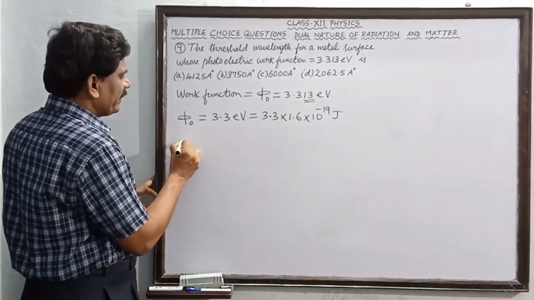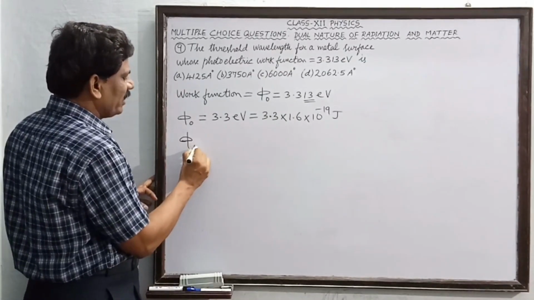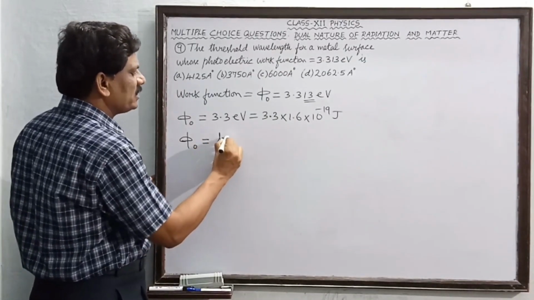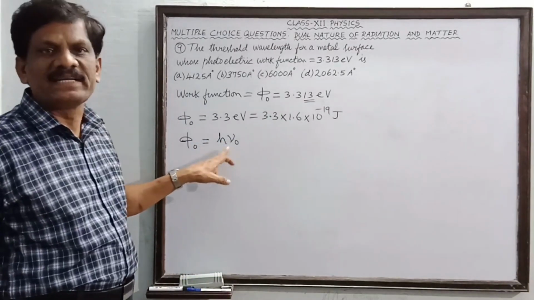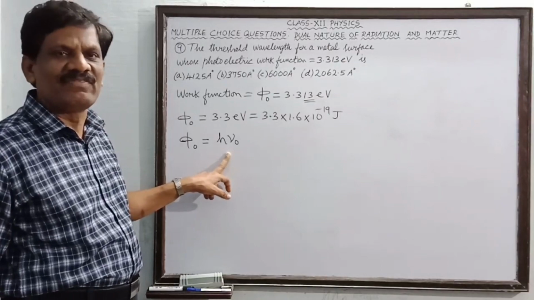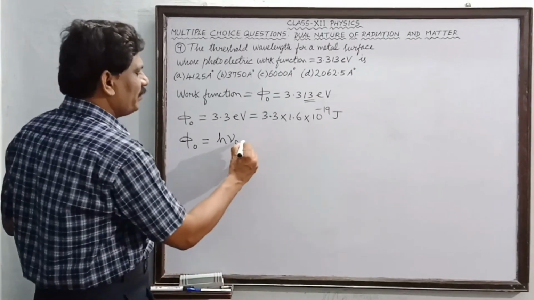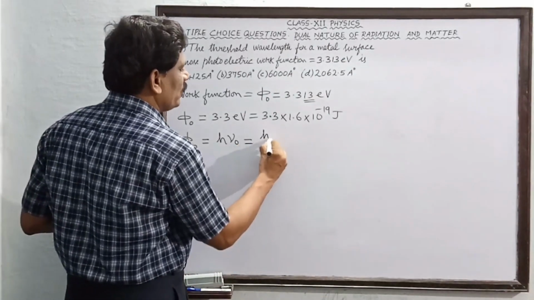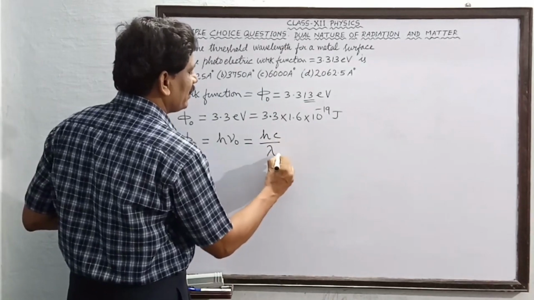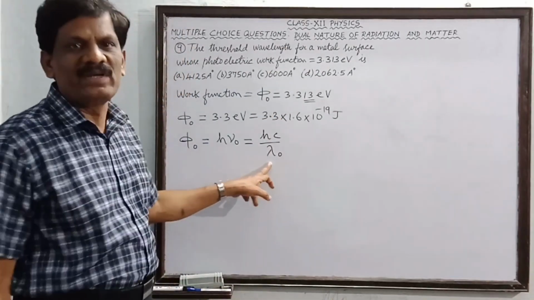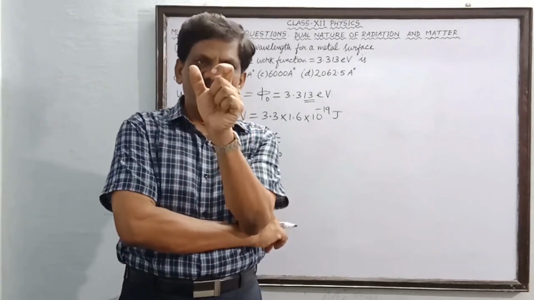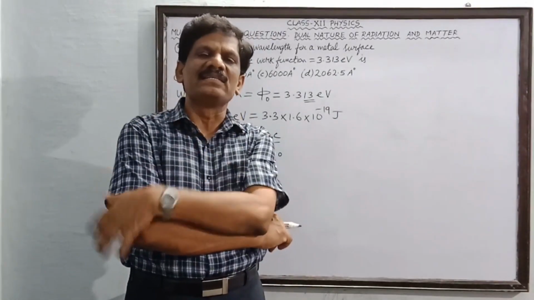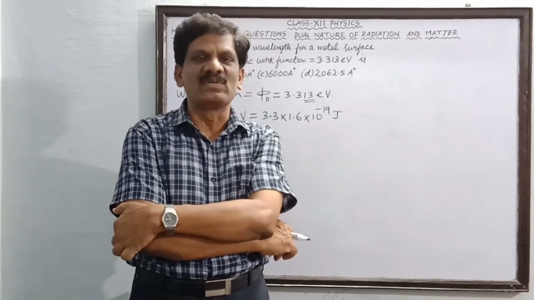Then by expression, phi naught is also equal to h into nu naught, where nu naught is the symbol for threshold frequency, is it not? This can be rewritten as hc by lambda naught, where lambda naught is called the threshold wavelength. This symbol lambda naught is not mentioned in most textbooks.